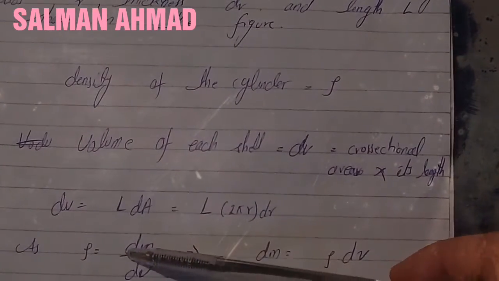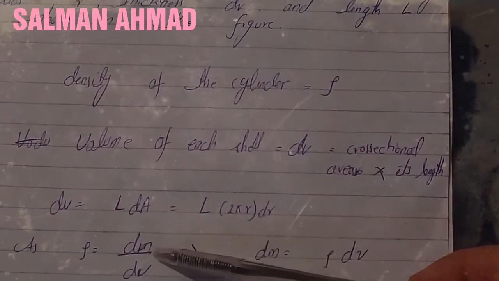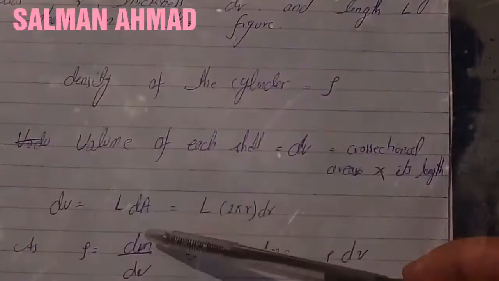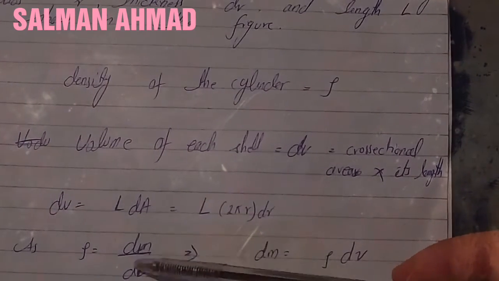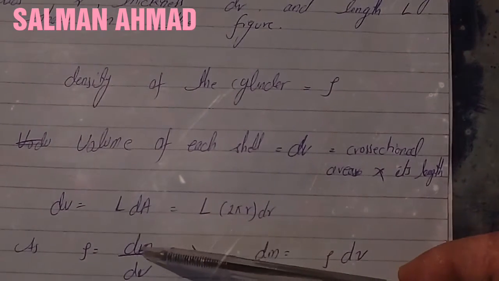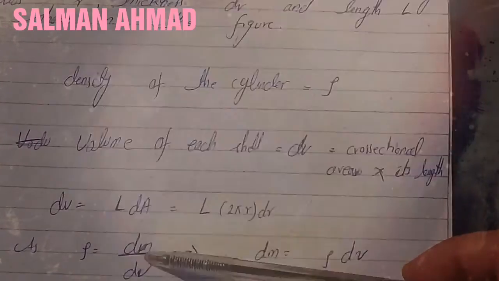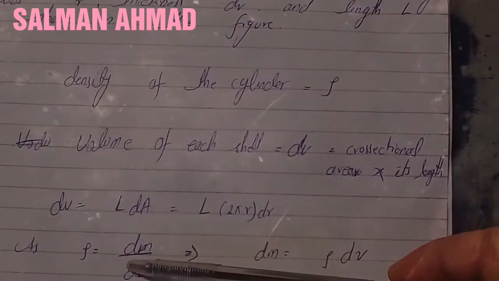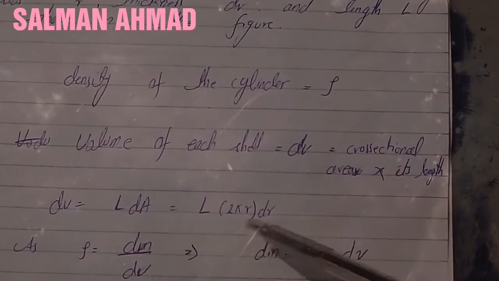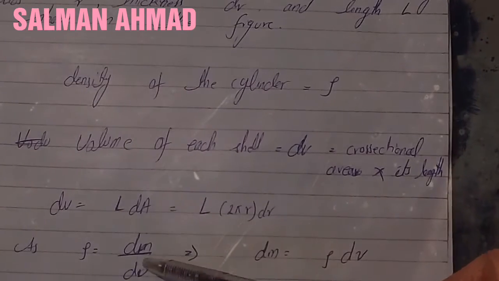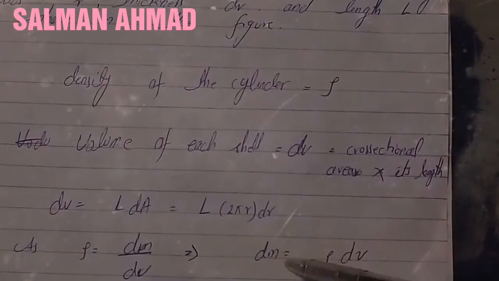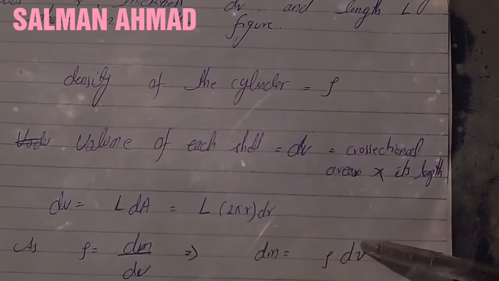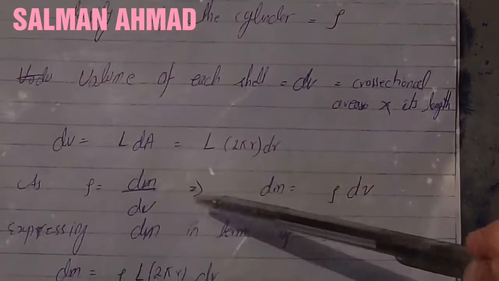So rho is the density. Density is equal to mass per unit volume, that is, the mass of that small cylindrical shell divided by its volume. If we rearrange this equation, dm is equal to rho into dV.